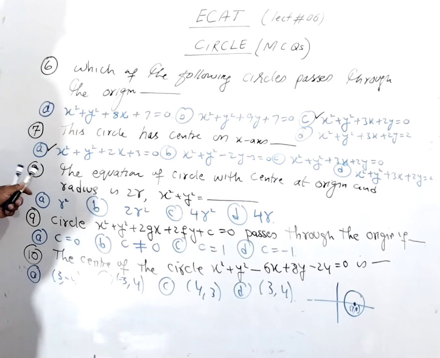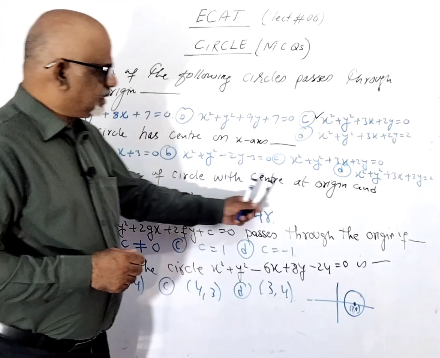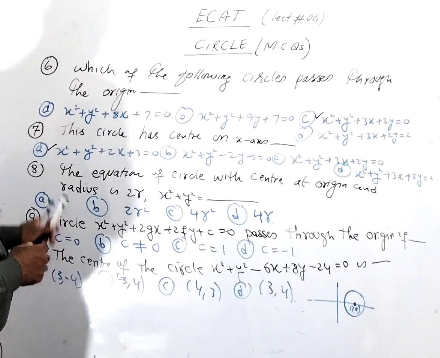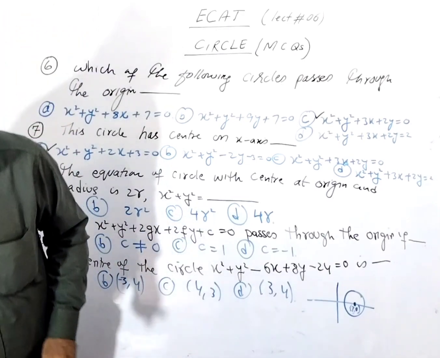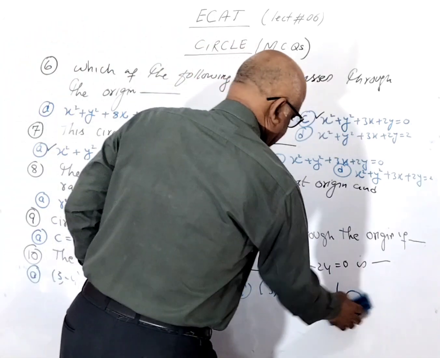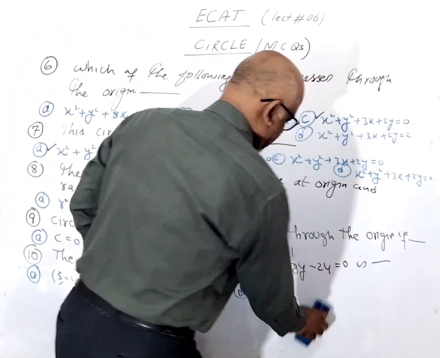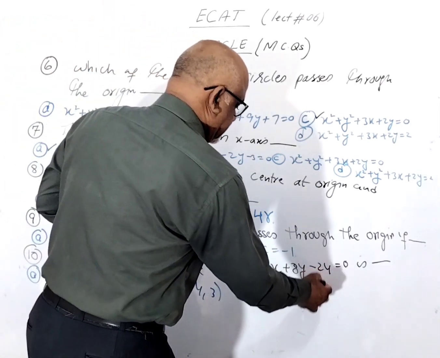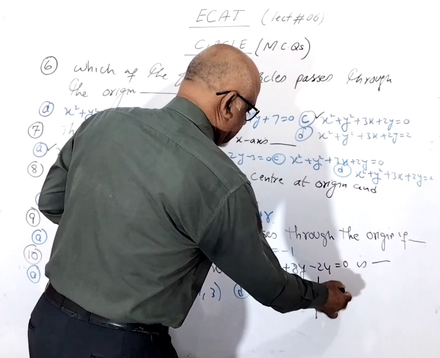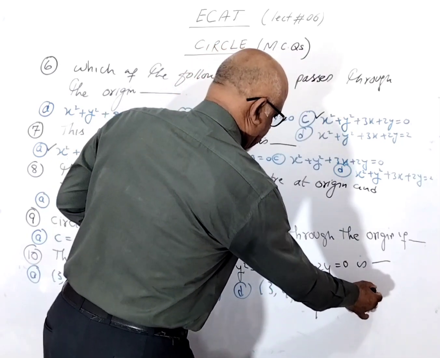Now come to the 8th MCQ, the equation of a circle with the center at origin and the radius is 2r. We have already discussed the same point with different values in the first or the second MCQs in the same lecture. Yes, x square plus y square equals r square.